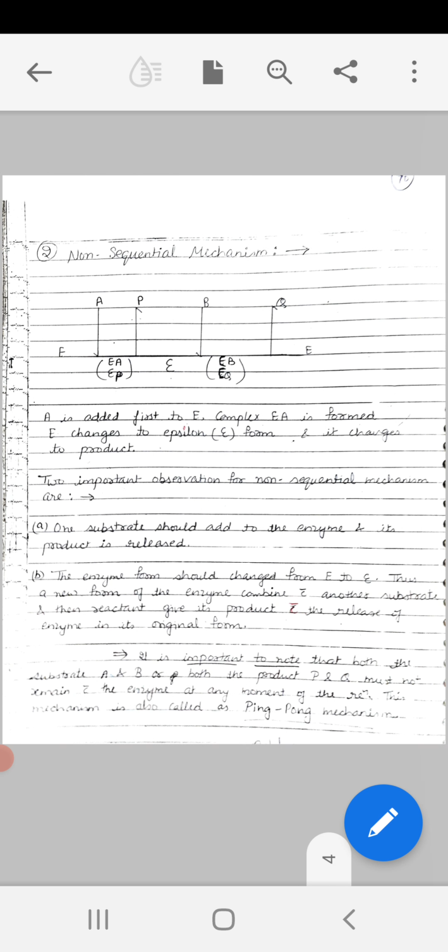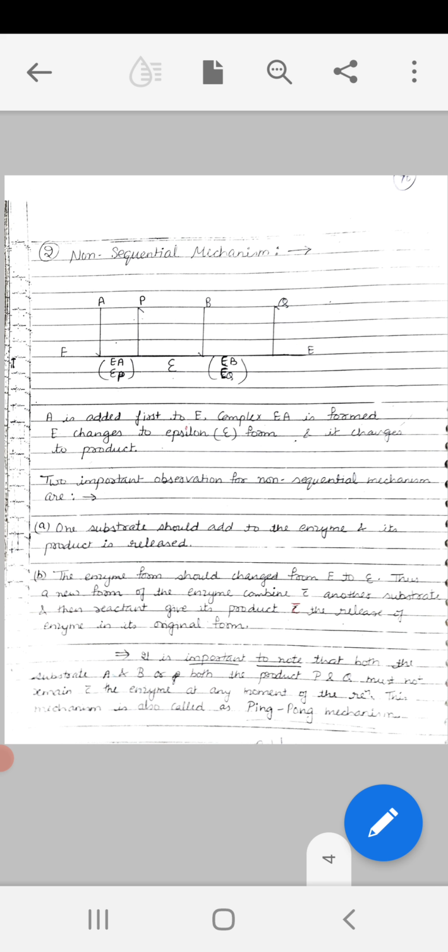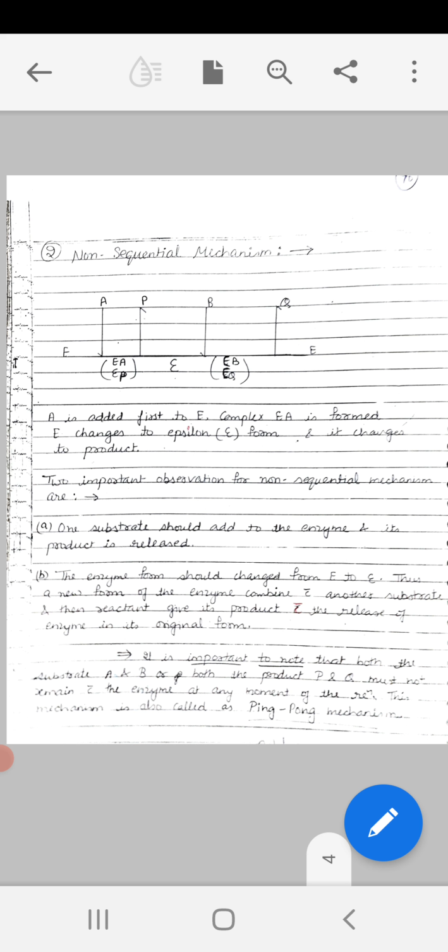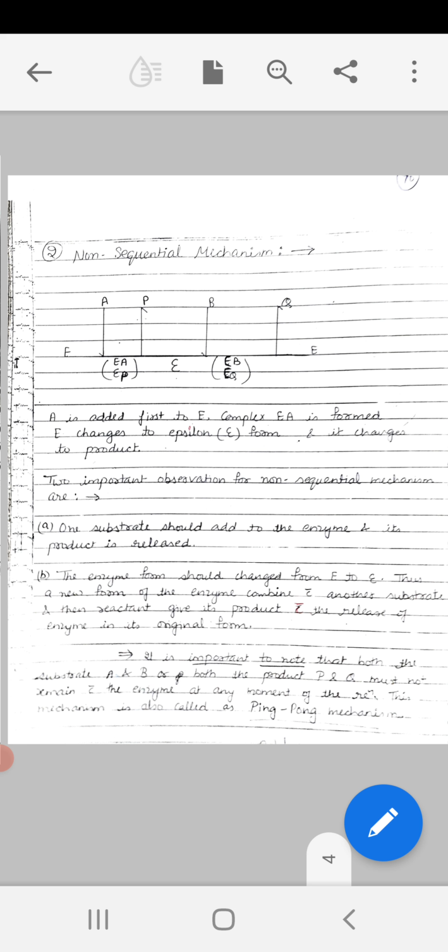Non-sequential mechanism. In this case, A is added first to E, and complex EA or EP is formed. E changes to epsilon form, meaning it changes its form, and it changes to the product.